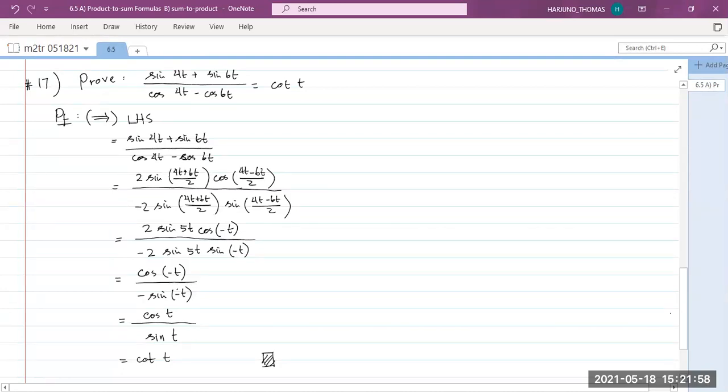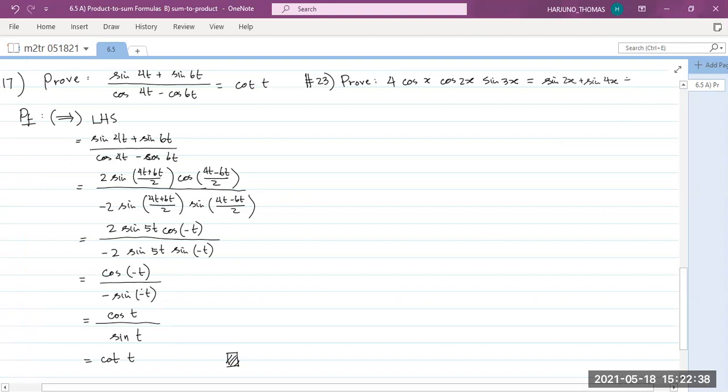Number 23 seems to be quite interesting. Let's see, number 23. Proof: 4 cosine x cosine 2x sine 3x equals sine 2x plus sine 4x plus sine 6x. You know what?